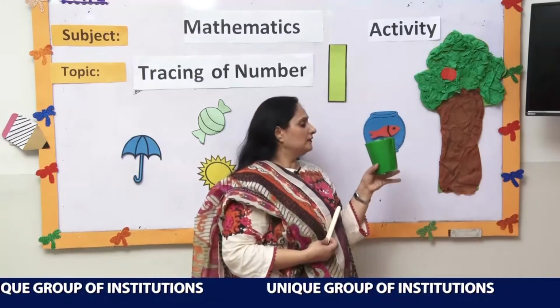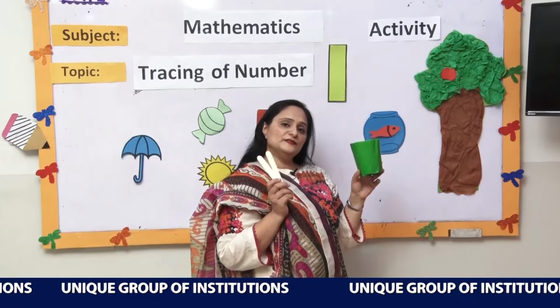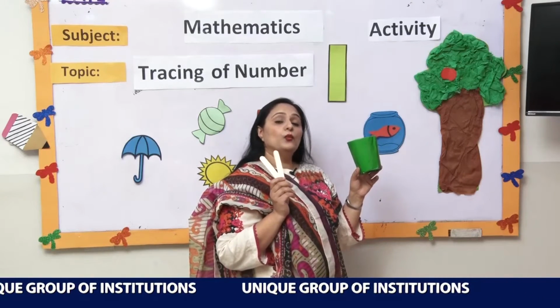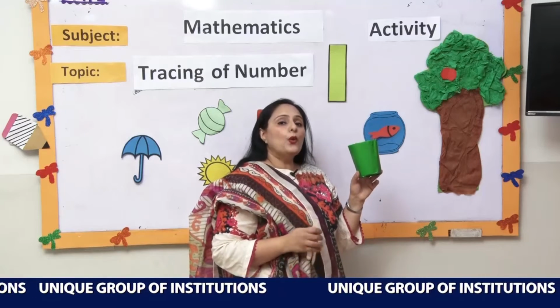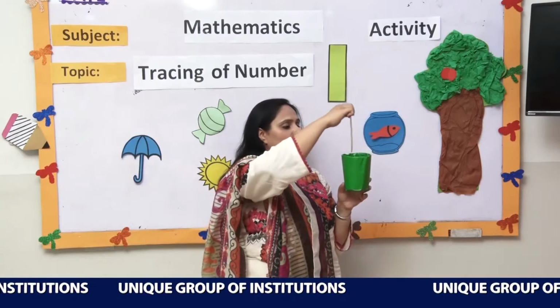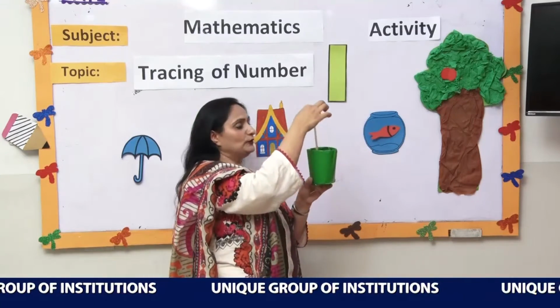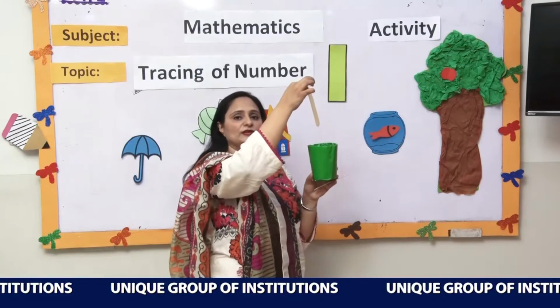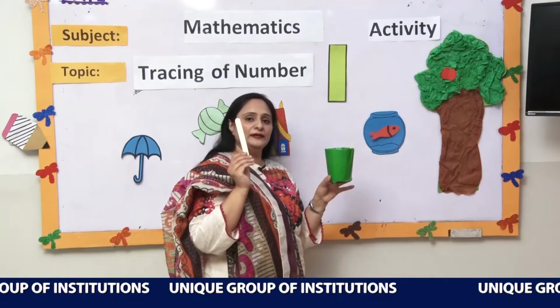Here I have a box in my hand and I have some sticks in my hand. What we have to do is put one stick in the box. Let's do it. How many sticks are there in this basket? Only one stick. And how many sticks are left in my hand?